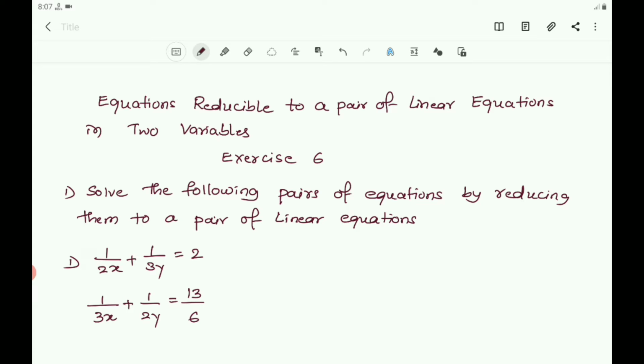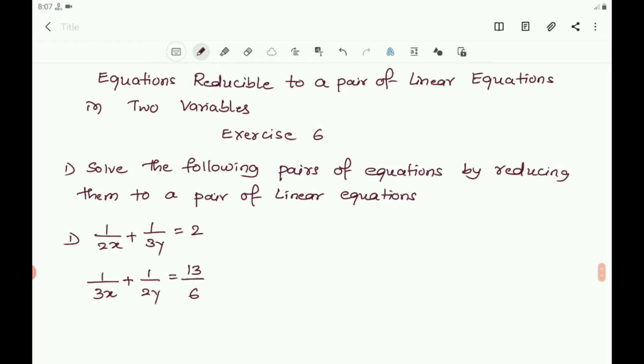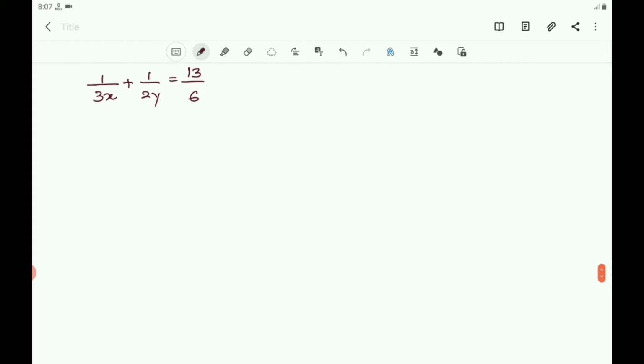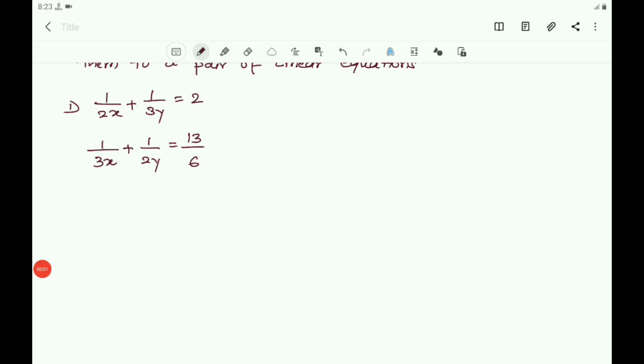Now take the first equation, 1/(2x) + 1/(3y) = 2.